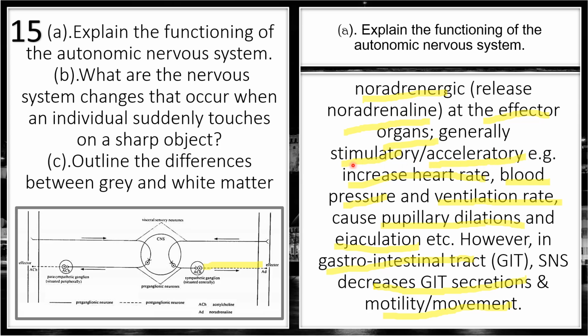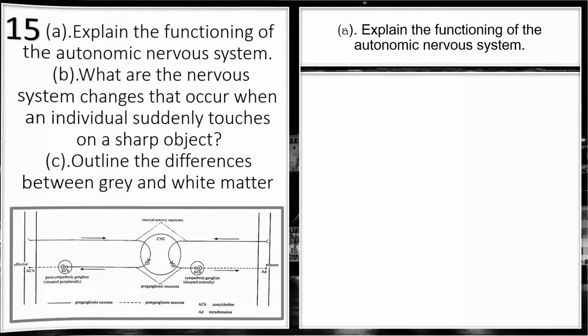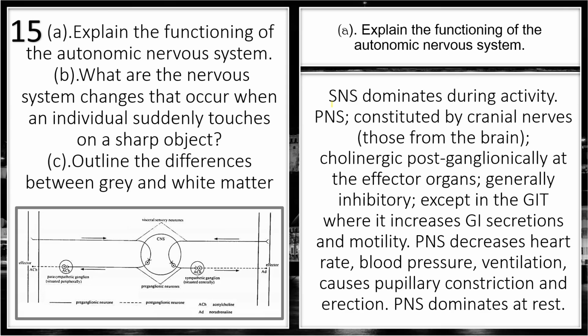It increases the activities of the organs, apart from a few like the gastrointestinal tract, where it decreases the secretion of enzymes. SNS, sympathetic nervous system, dominates during activities. So it is more dominant during activities.